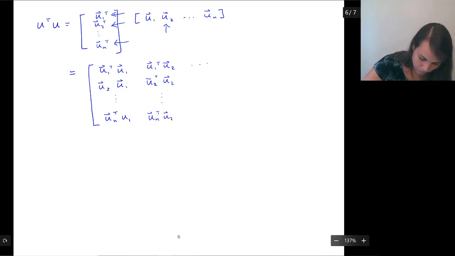All right, and then we can go all the way out to the end. So now we're talking about the very last column. And then we have to do all these rows.